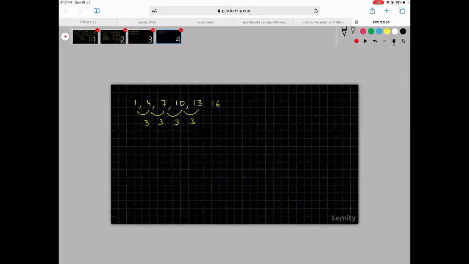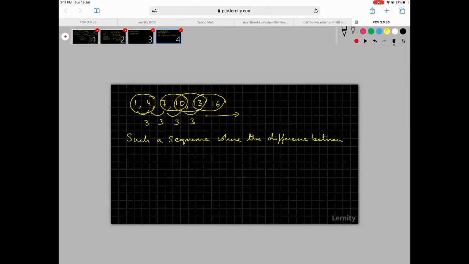Yeah. So if you see here, the difference between these two is equal to the difference between these two is equal to the difference between these two, and so on. Such a sequence where the difference between two adjacent numbers is a constant or same.